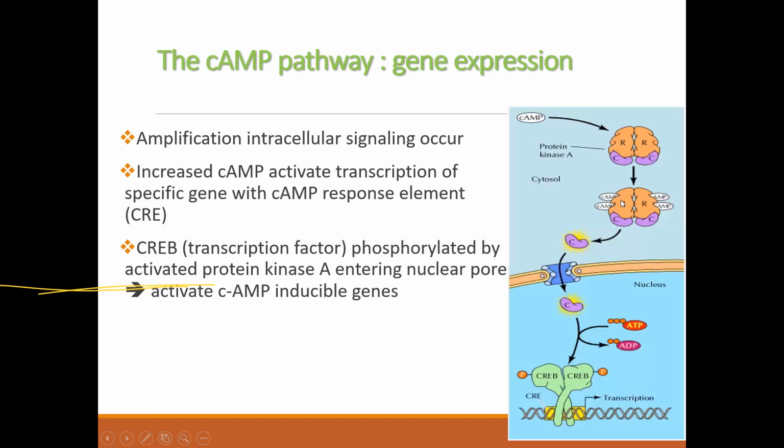Cyclic AMP will remove the blocker, will remove the R molecule. Without the R molecule, protein kinase A becomes active and then gets into the nucleus. The active protein kinase A will phosphorylate the DNA binding protein. The DNA binding protein after phosphorylation becomes active and stimulates the transcription. This is why cyclic AMP can also induce gene expression, besides the activation of cytoplasmic enzyme.